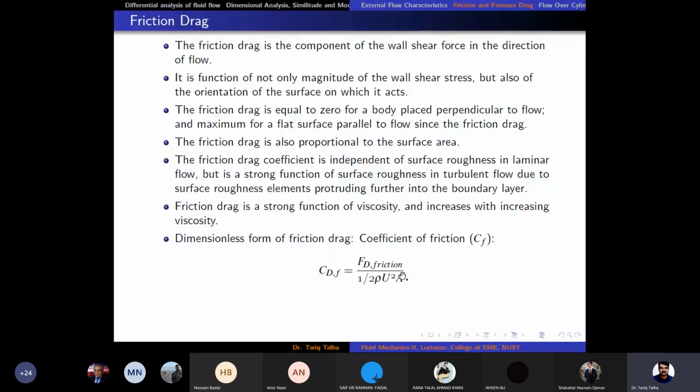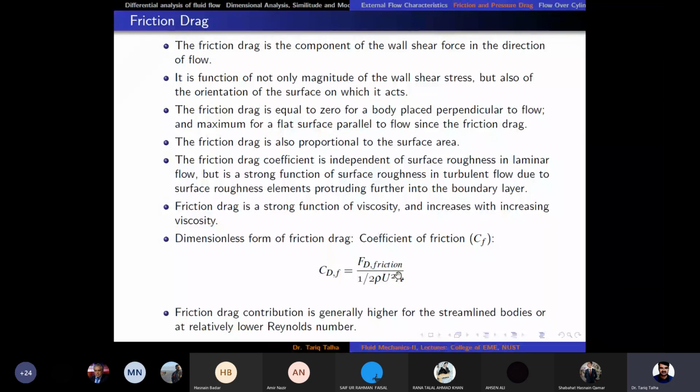So as I was saying, friction drag is directly proportional to area. You can always see that the area is in the denominator and it would be multiplied here. So the force due to that frictional effect would be directly proportional to surface area, right? So friction drag contribution is generally higher for streamlined bodies, or even for blunt bodies if the flow Reynolds number is low.